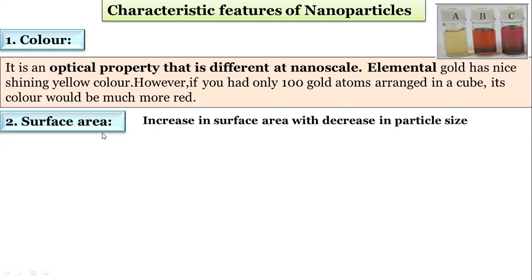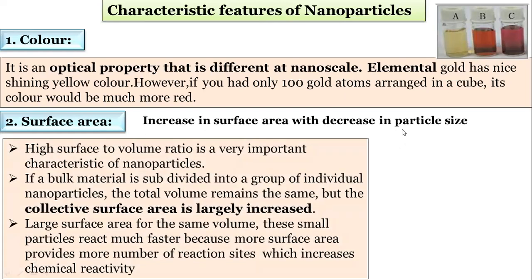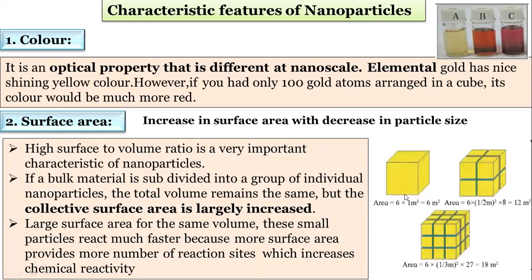And see, the next characteristic feature of nanoparticles is surface area. Always remember, surface area increases when the size of the particle decreases. This is explained with the help of this diagram. A high surface to volume ratio is a very important property of nanoparticles.